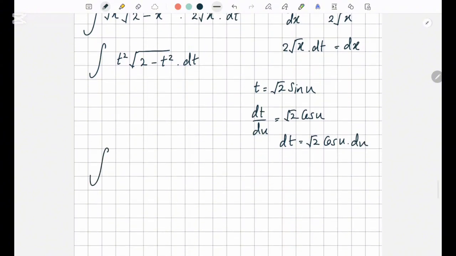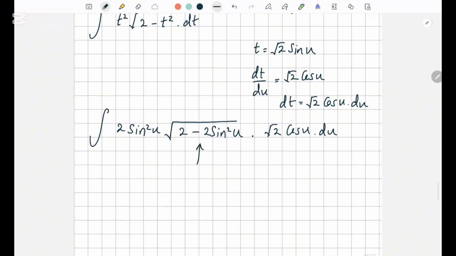If you go into the integral, t squared is going to be 2 sine squared u, and we have the square root of 2 minus t squared, so it's 2 sine squared u, and instead of dt I'm going to write root 2 cos u du.